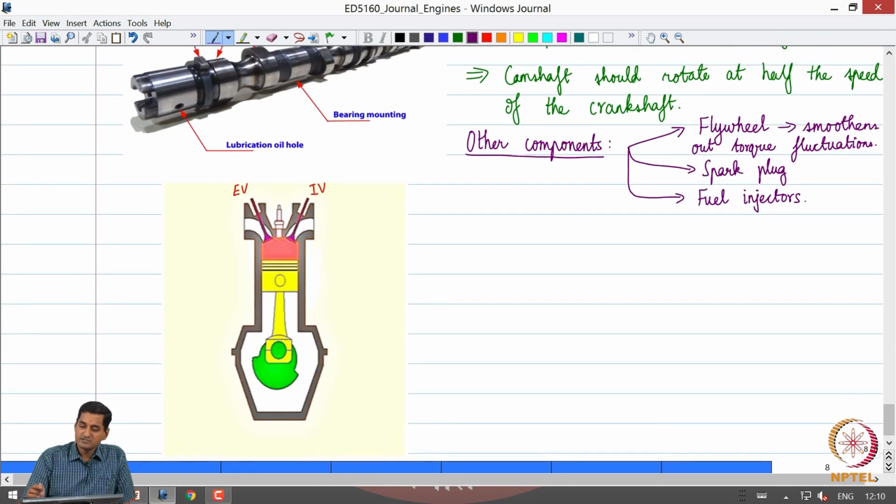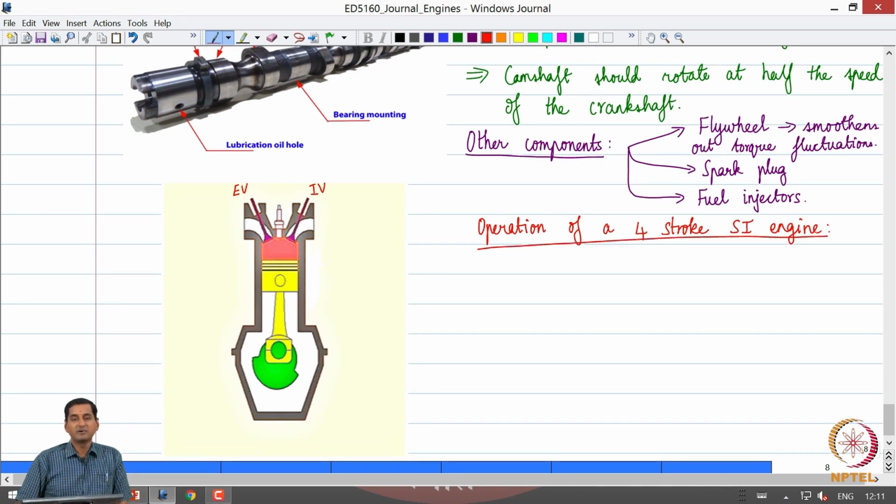So, now moving on from components, let us look at the operation of a typical 4-stroke spark ignition engine. Let us look at how it operates.